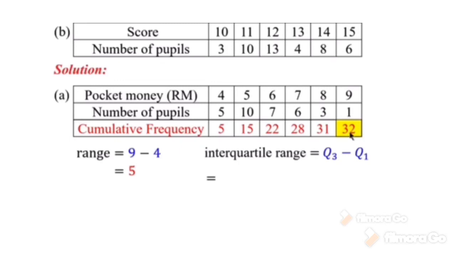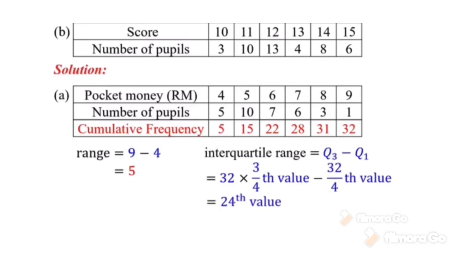So 3 over 4 times 32, minus 1 over 4 times 32, which is the first quartile, or you can say 32 over 4. After you simplify, your answer is the 24th value minus the 8th value.